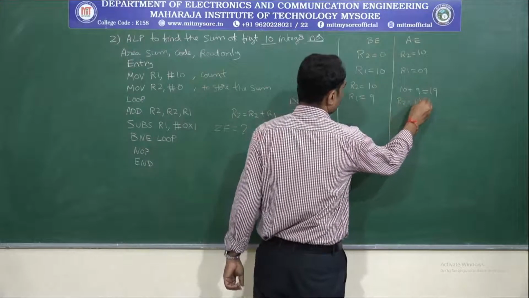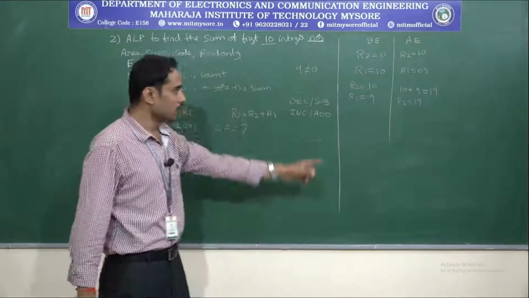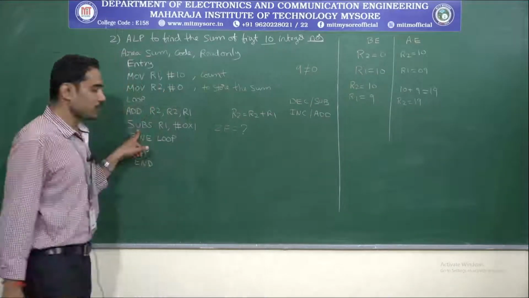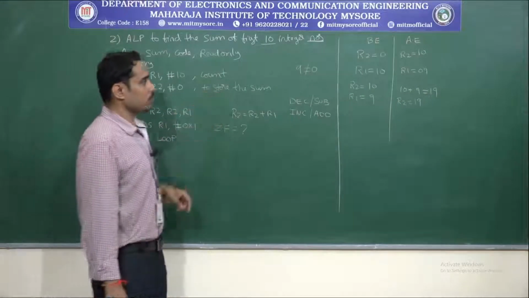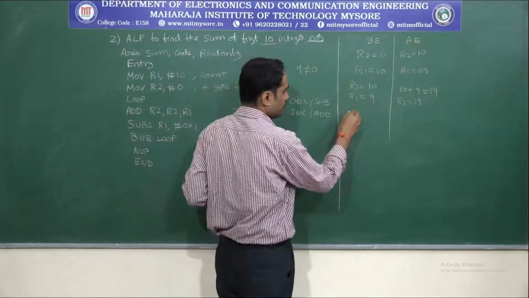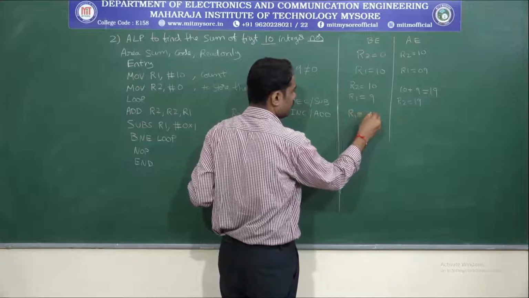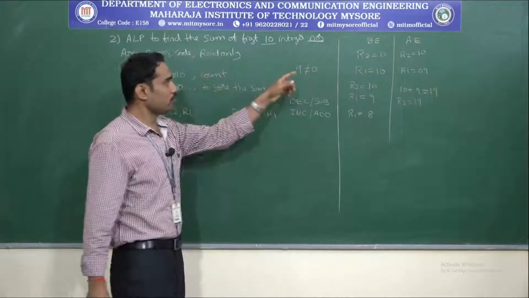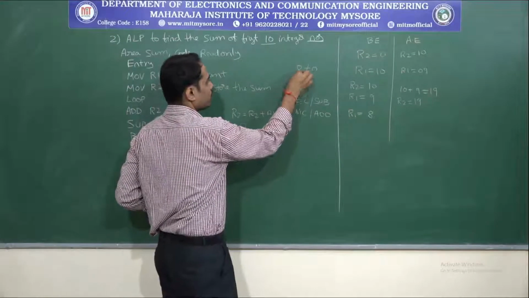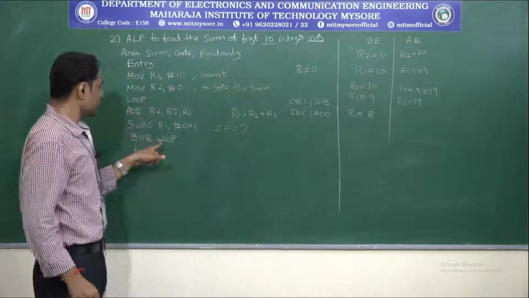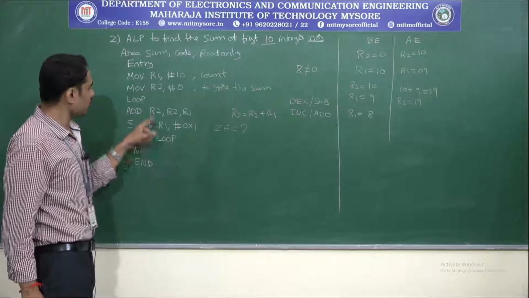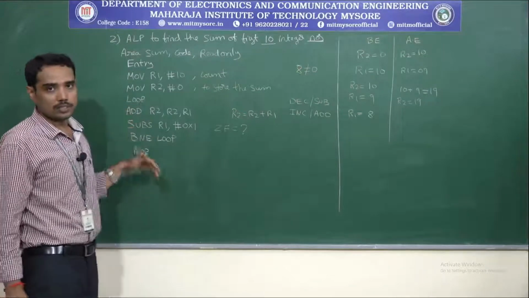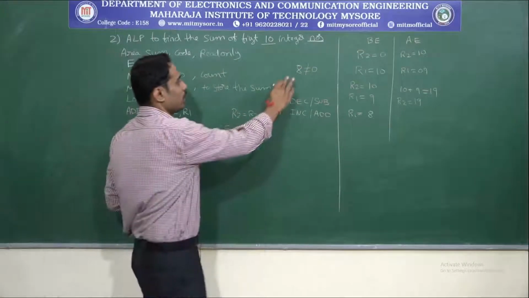Now R2 is updated to 19, and the next instruction is the subtraction instruction, that is affecting R1. Before execution, R1 was 9, now 9 minus 1, 8. 8 not equal to 0, so branch if not equal to. Then if it is not equal to 0, then go back to the loop and continue the same process till the last cycle.